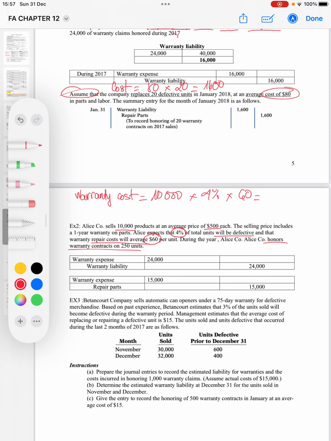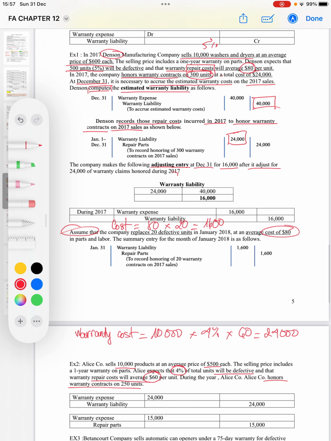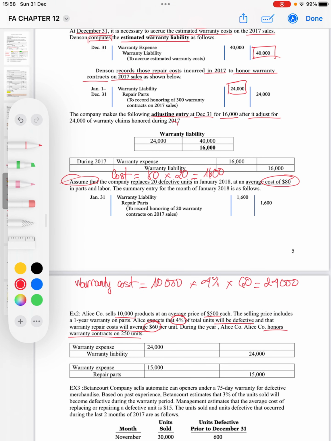So the amount that you get is 24,000. So warranty expense and warranty liability: warranty expense will be debited and warranty liability will be credited with the amount of 24,000.